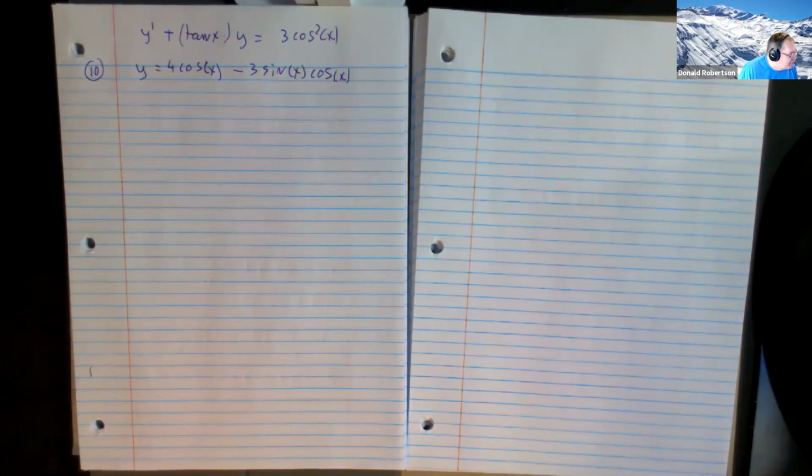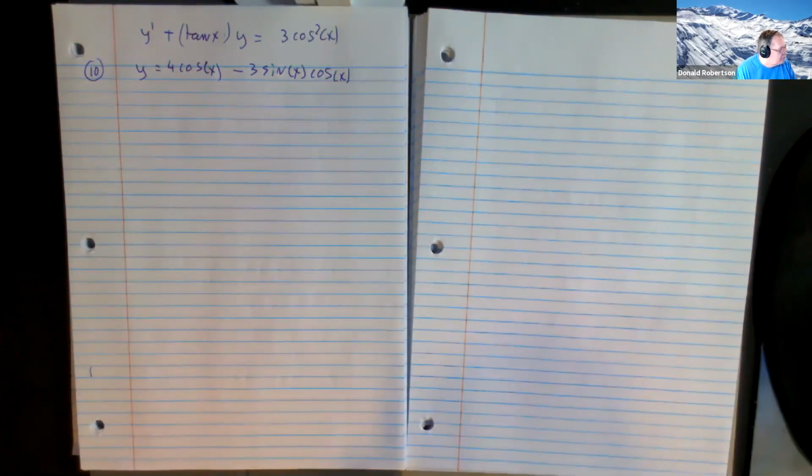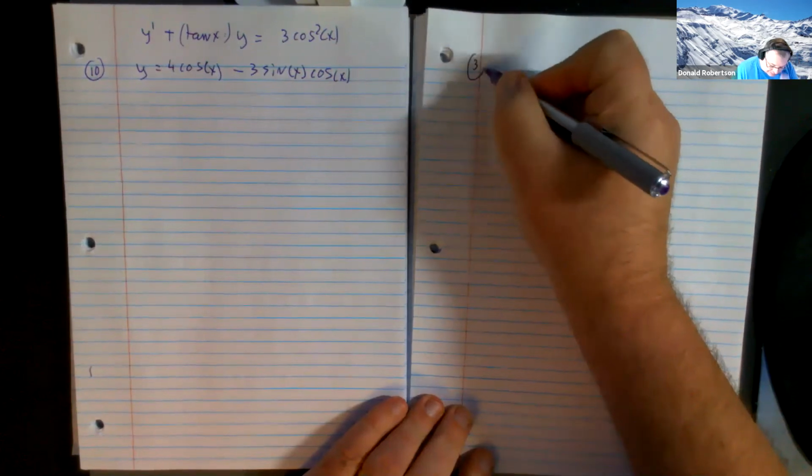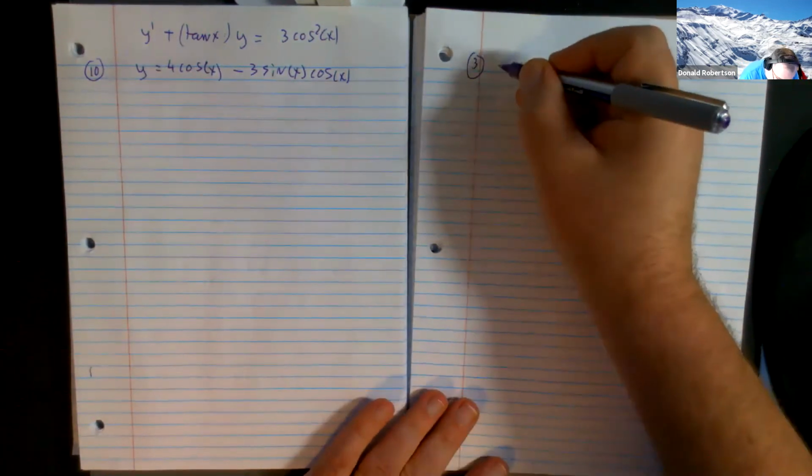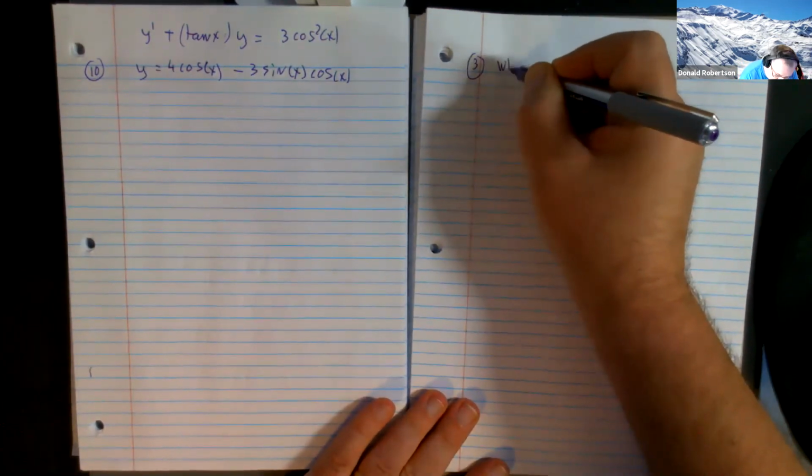So I'm now moving on to a slightly different question. And this is a version of question 3. It's not asking us to check the solution directly. It's saying this, so I'll write it down.